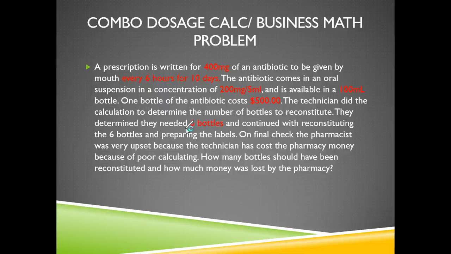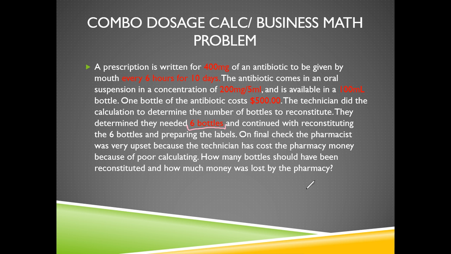So this problem could be a little bit scary, A, because it's long, and B, there's a lot of information. So let's go ahead and start pulling out some of this information. Here, they're saying that the technician made 6 bottles, but it was wrong. Okay, the pharmacist was upset.